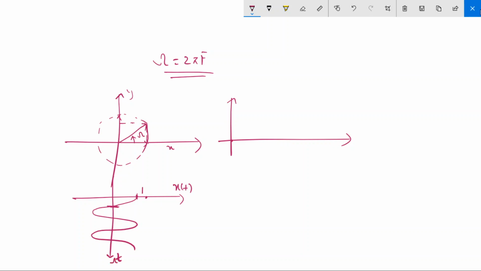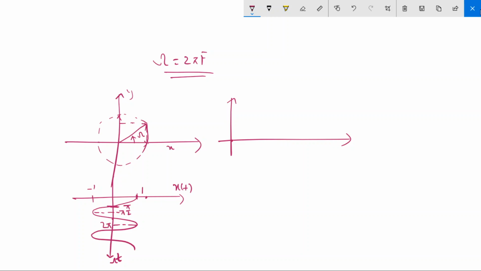This is omega t. At pi it becomes maximum, but in the negative direction: at this point, that is pi, we are getting minus 1. Then at 3 pi by 2 it becomes 0 again, and at 2 pi, when omega t is 2 pi, it becomes 1.